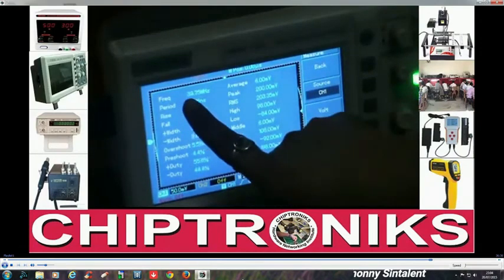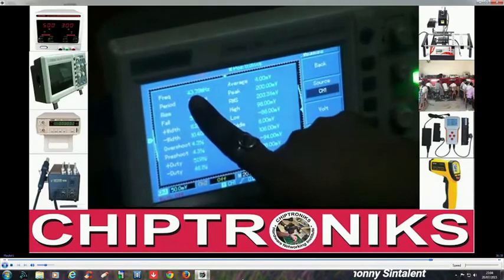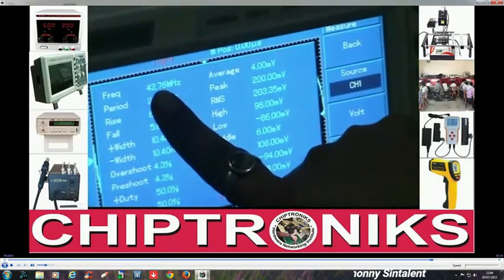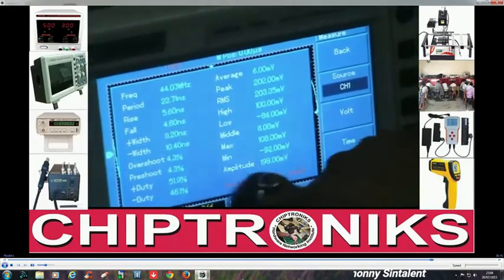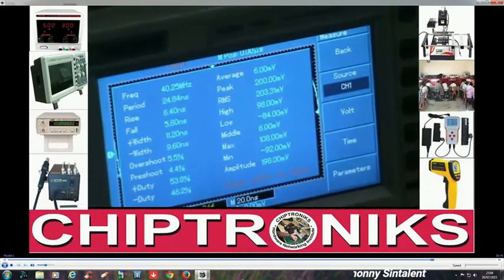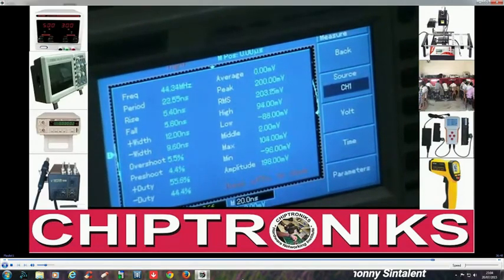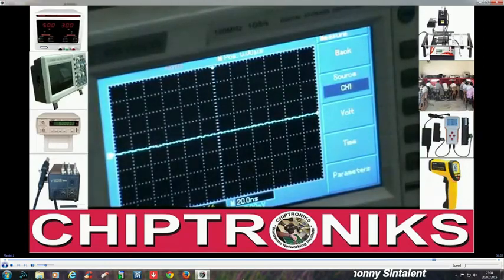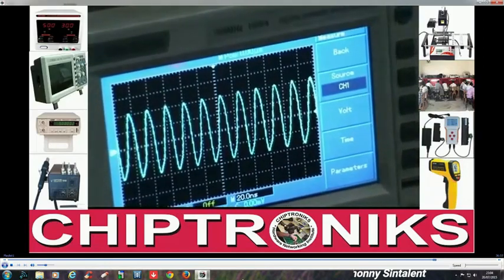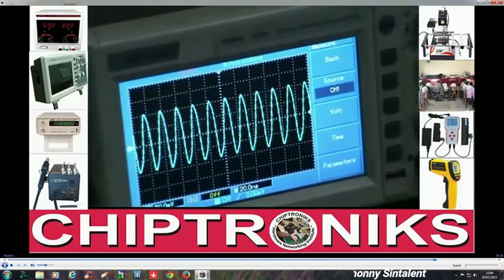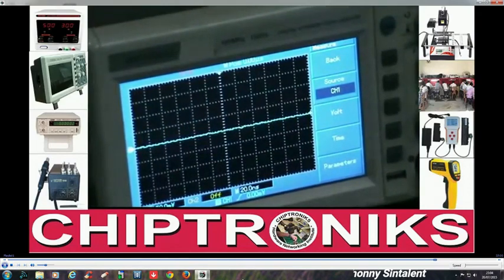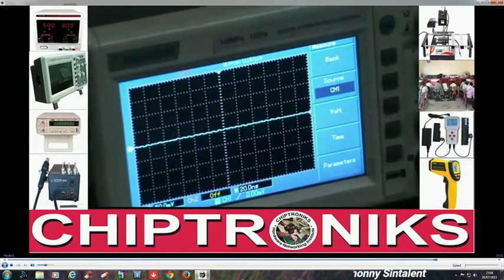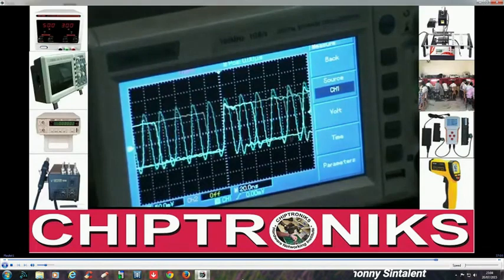Here you see frequency 42 megahertz present on the clock pin number 6. Now we check pin number 2, output. Here we get output or not.